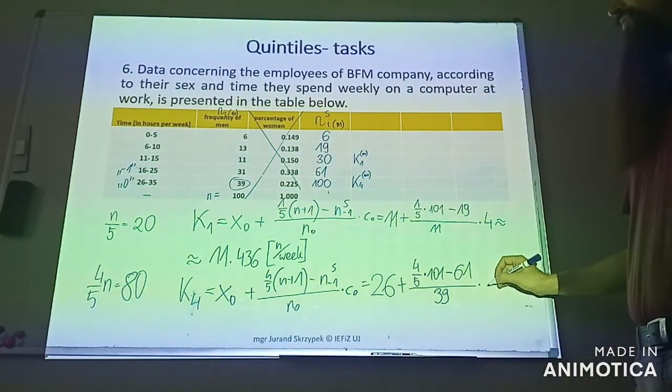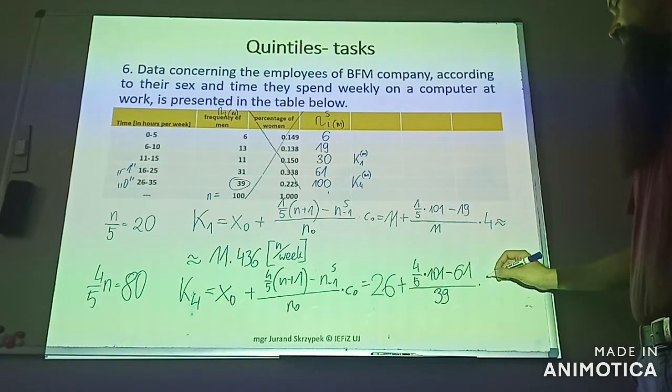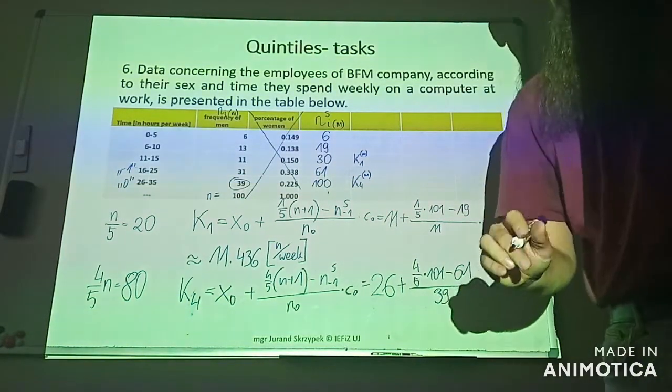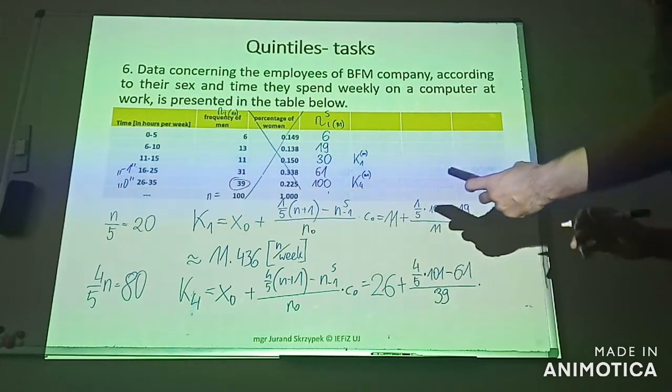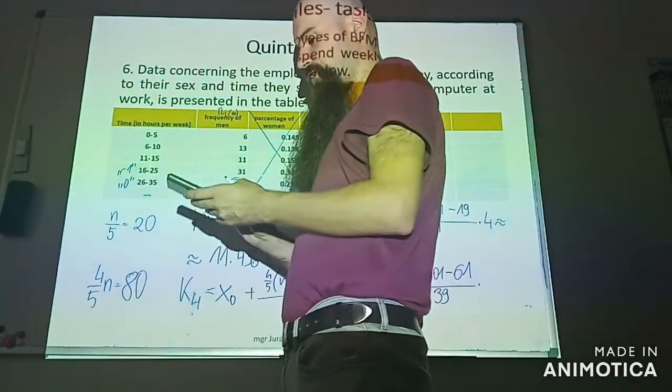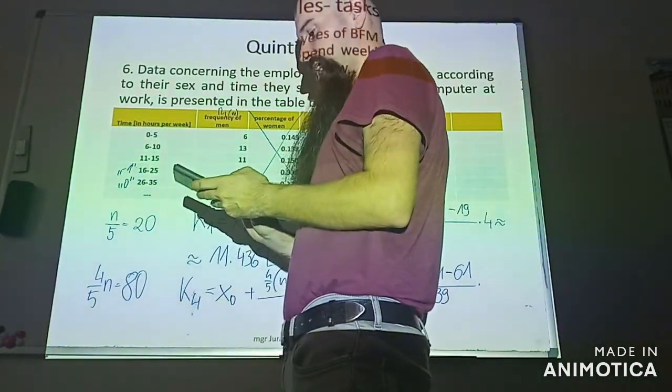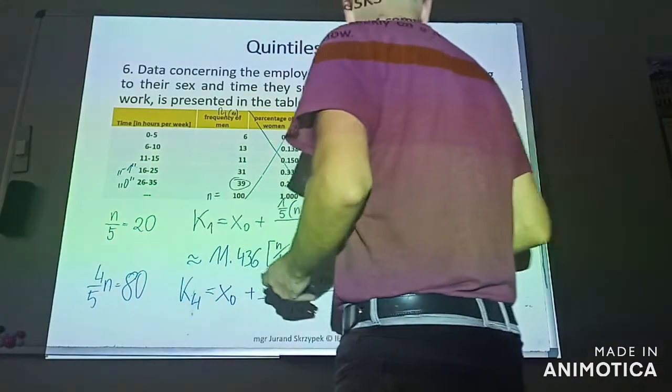And after that we have the range of the class, the difference between 35 and 26. It's 9.